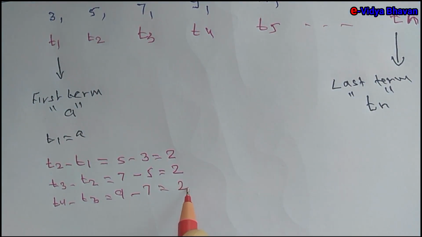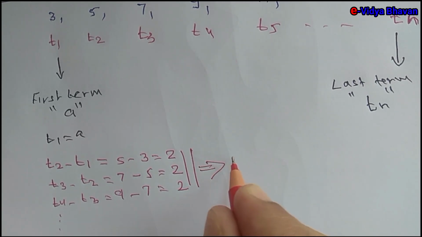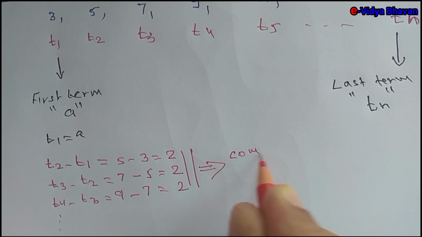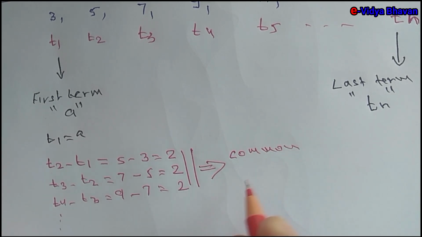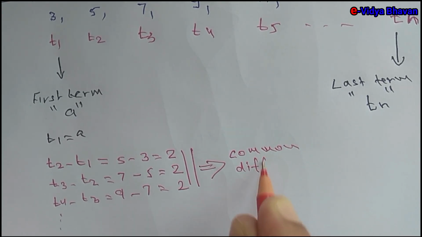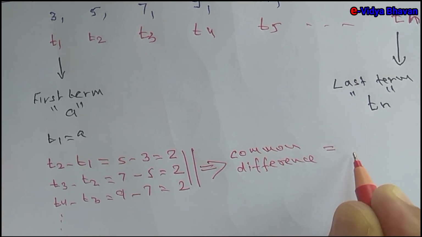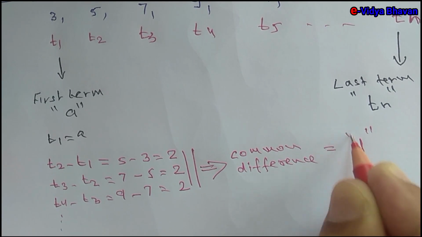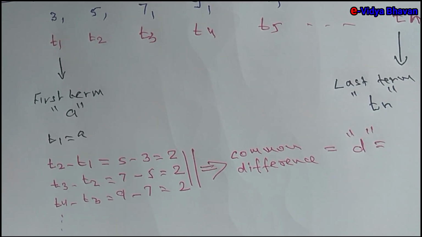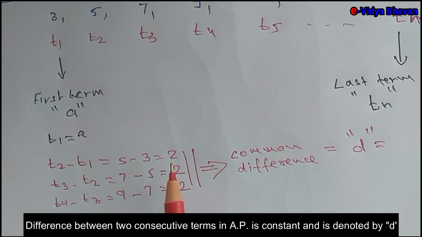You are getting 2. Further we will be getting the same thing. This difference is always coming the same, and this difference is called the common difference. It is denoted by small d, and the value is 2. So everywhere the difference is 2.